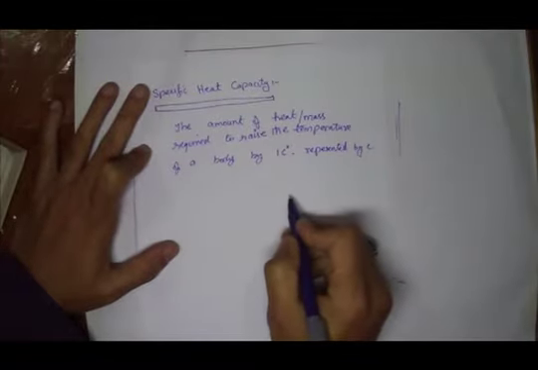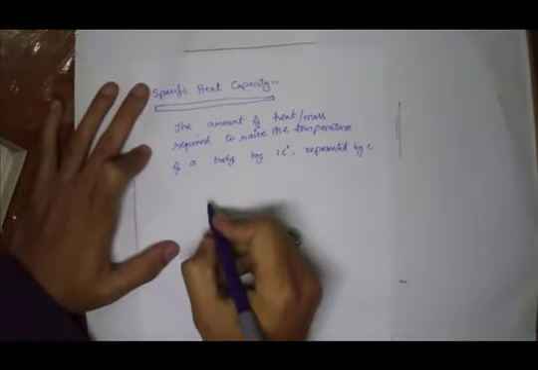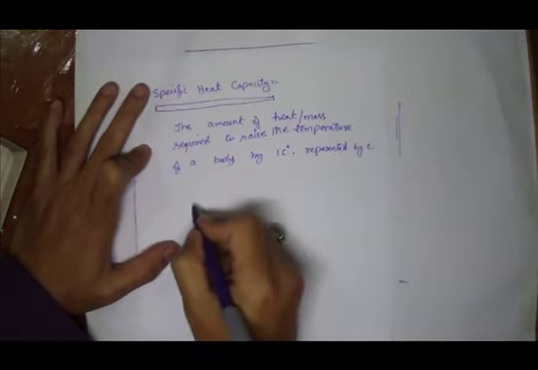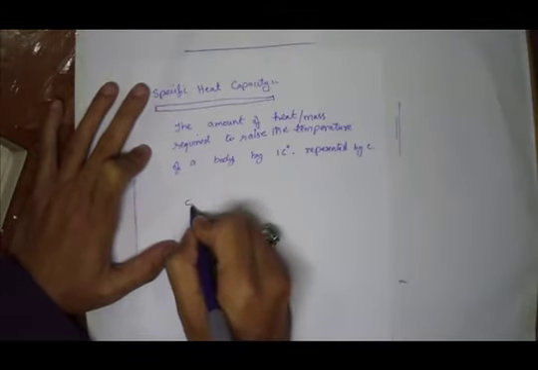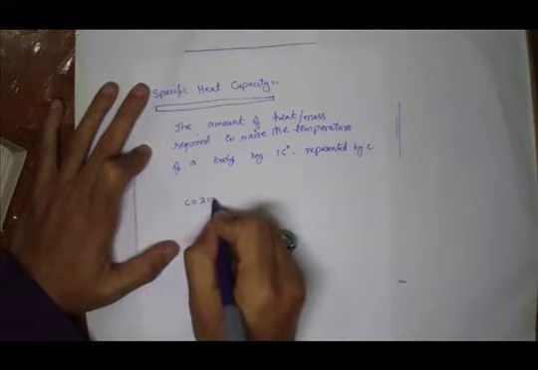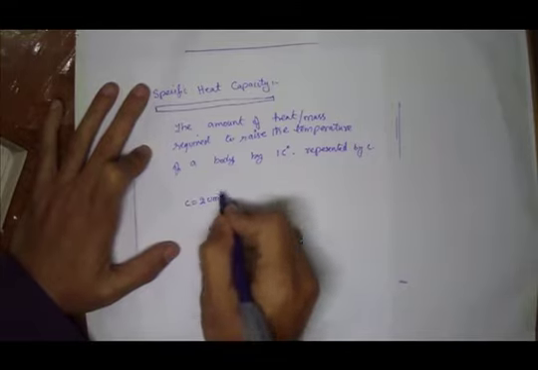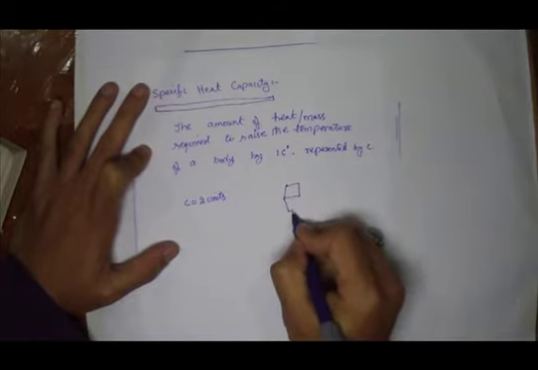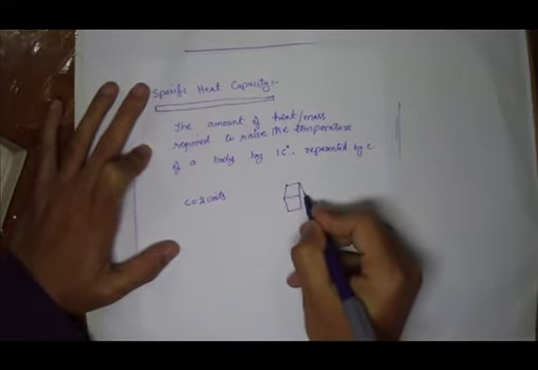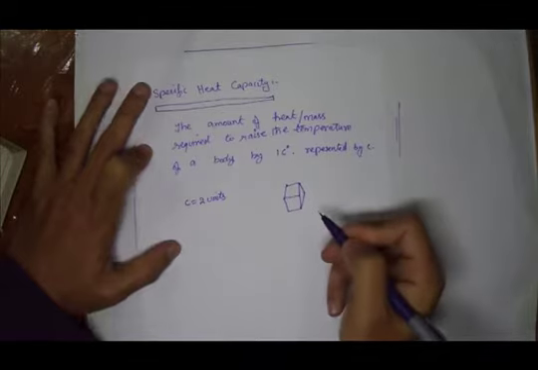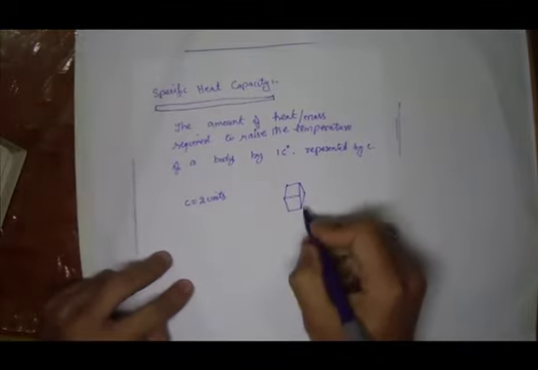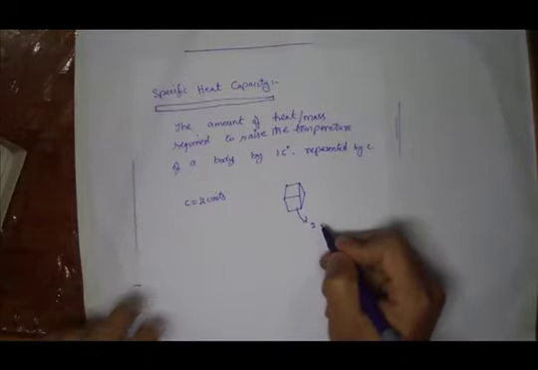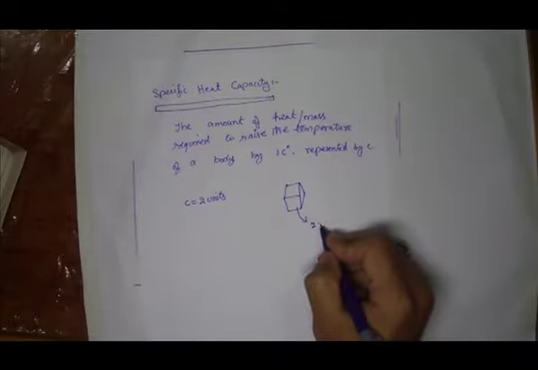Assume we have an object which has specific heat C equal to 2 units. Okay, the specific heat of this object is 2 units.